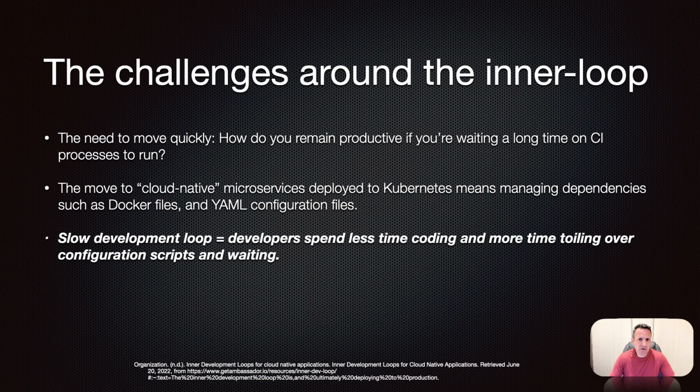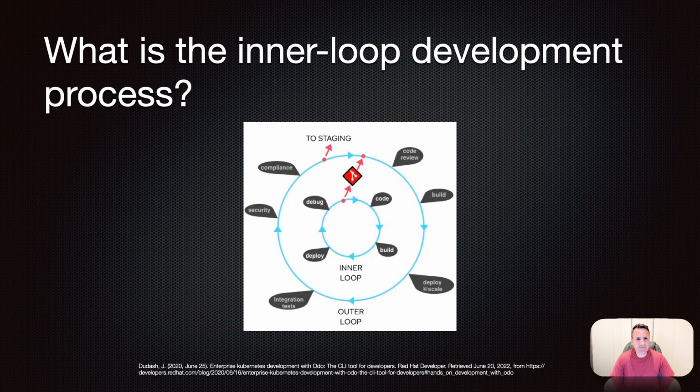And while the move to containerized microservices is great, and it's a big shift, and it offers a tremendous amount of benefits, in some cases it can actually slow the development loop, and developers might spend less time coding and more time managing these configuration files.